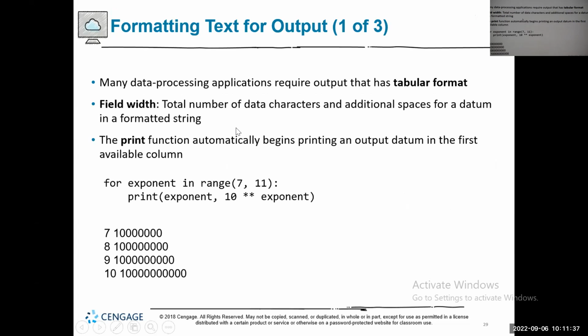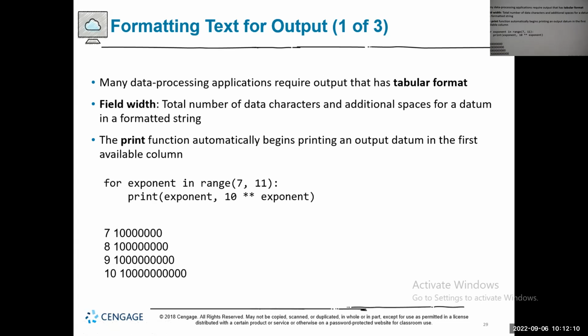You can do this. For example, if you want to print out numbers whose exponent ranges from 7 to 11, remember that means 7, 8, 9, 10, not including 11. You want to print the exponent on the left and 10 to the exponent on the right. By default, they are put next to each other.